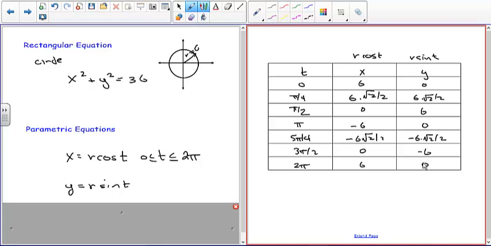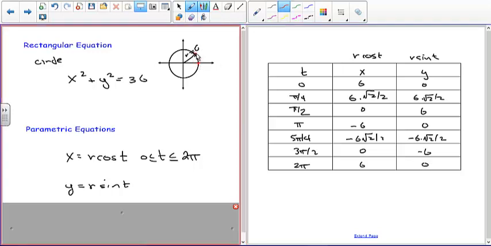What I'm doing here is I'm plotting. Let me just show it on the diagram. I'd be plotting this point. I'd plot that point. That's the next one. I'd plot this point, this point, this point, this point, and back to the beginning again. And you can see they all lie on a circle.